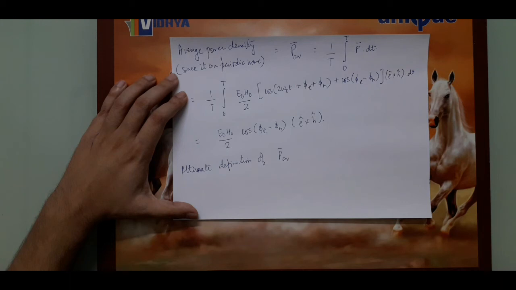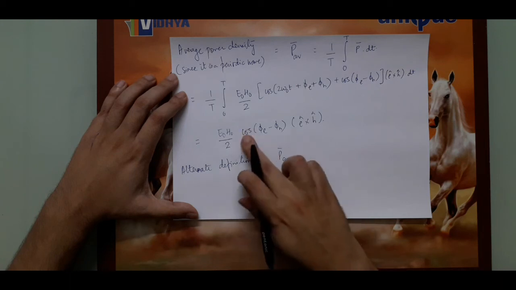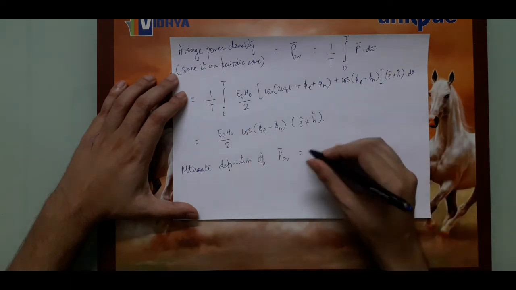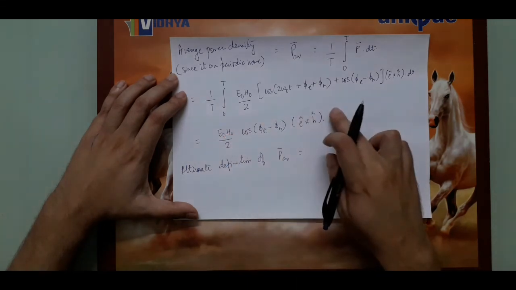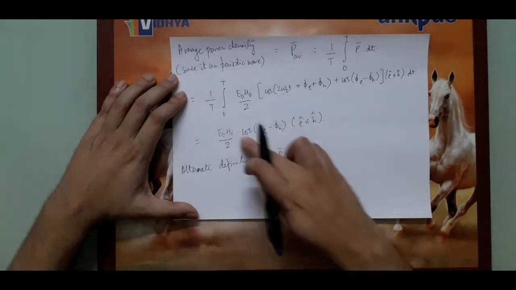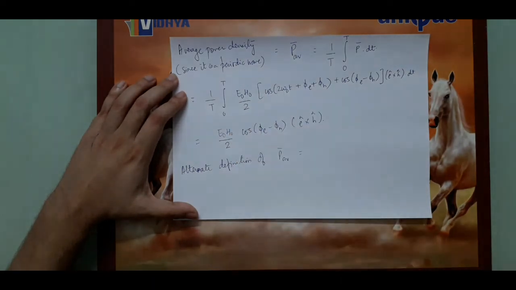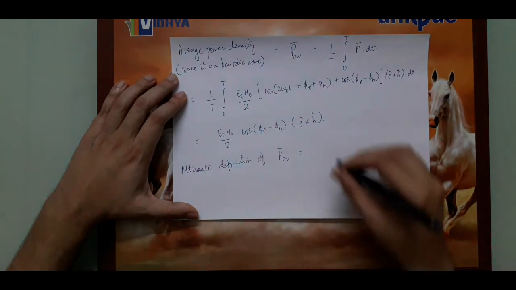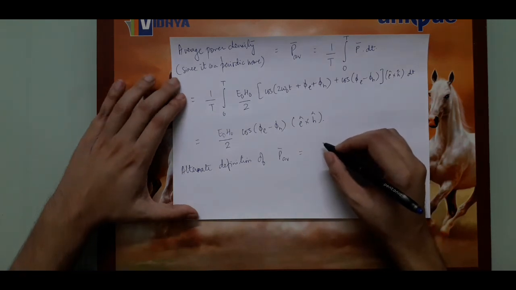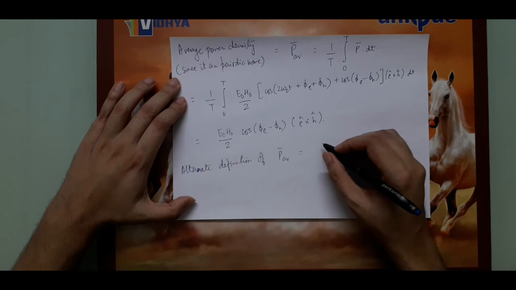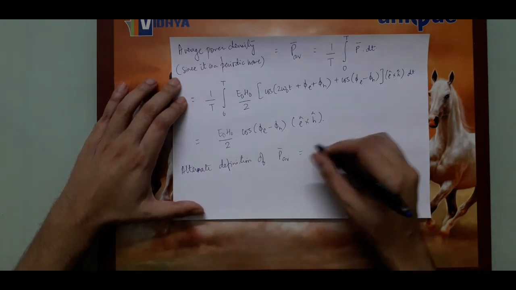So what we can write is this, if we assume this is real and even this is real, what we are essentially looking for is the real part of the two time harmonics. So what we are doing is essentially this.